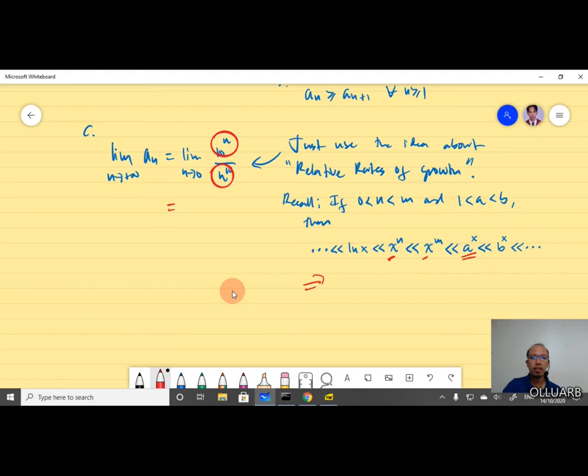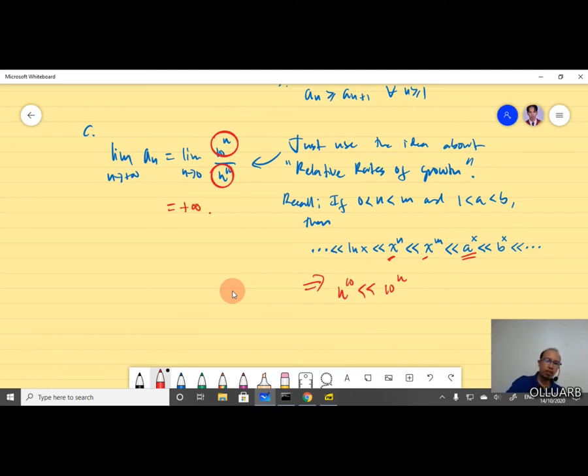this implies that n to the 10 is slower than 10 to the n. So from this idea, this means that 10 to the n is much faster than n to the 10. So this limit is positive infinity.